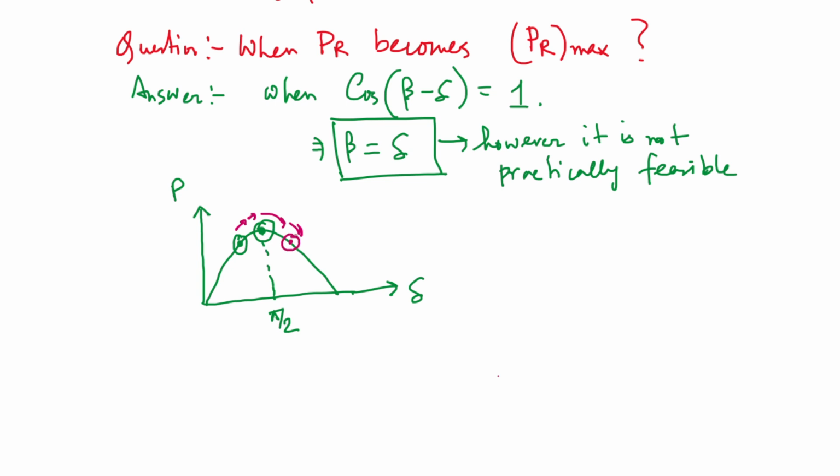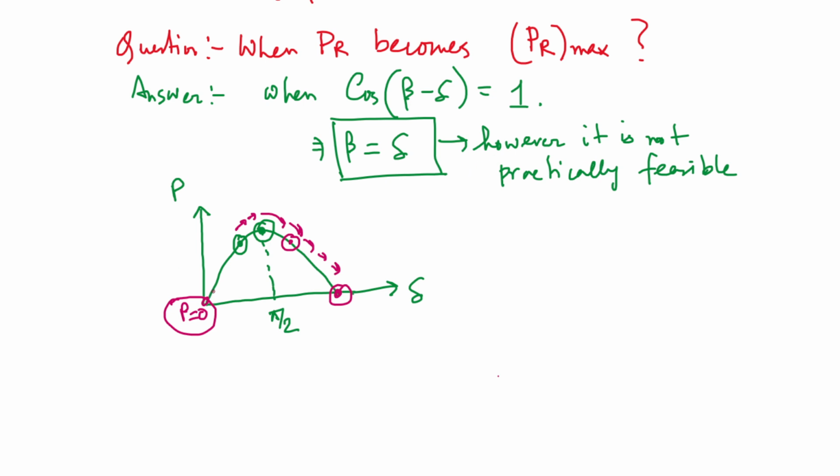Once it comes to this side, it goes on increasing, and finally it will ultimately go to this point. At this point, power becomes zero, so your entire power system will have a blackout. So this is very problematic, and that is why it is not practically feasible.